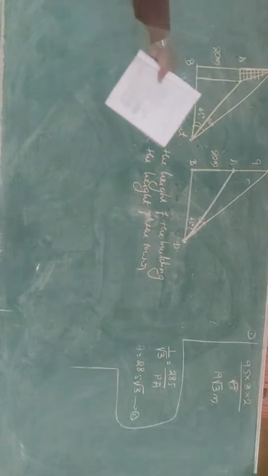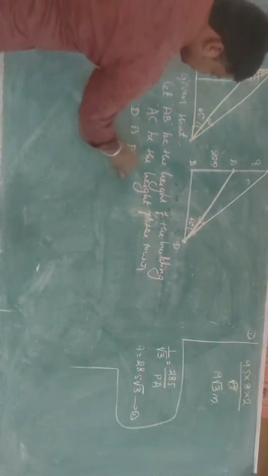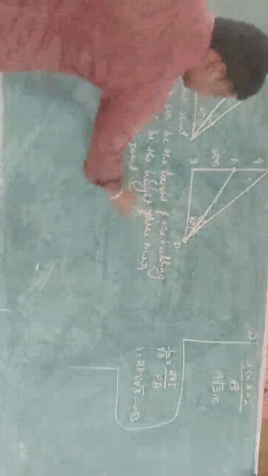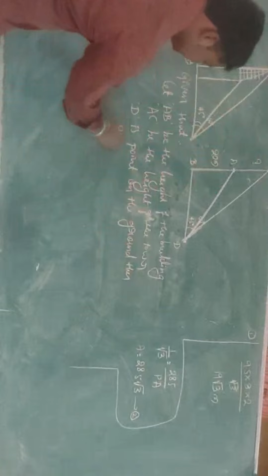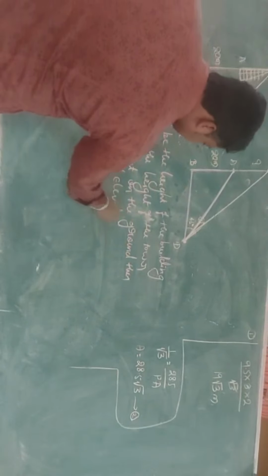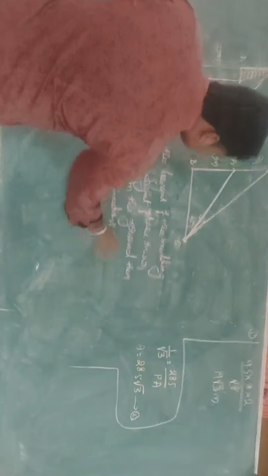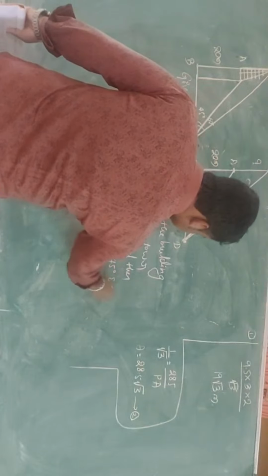And D is a point on the ground. Then the angles of elevation are 45 degrees and 60 degrees.